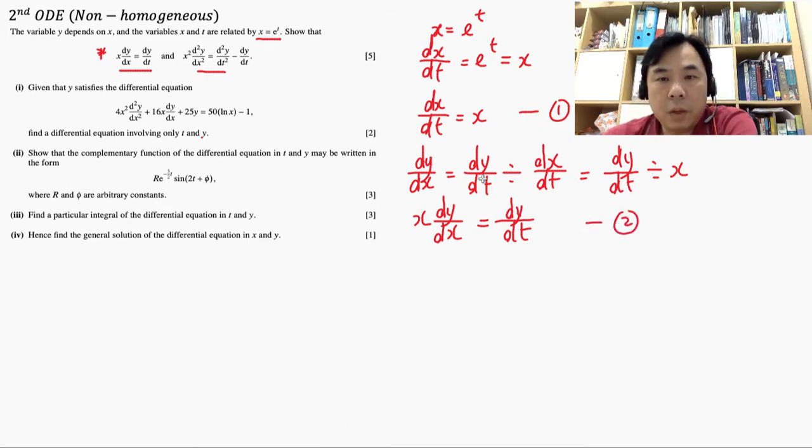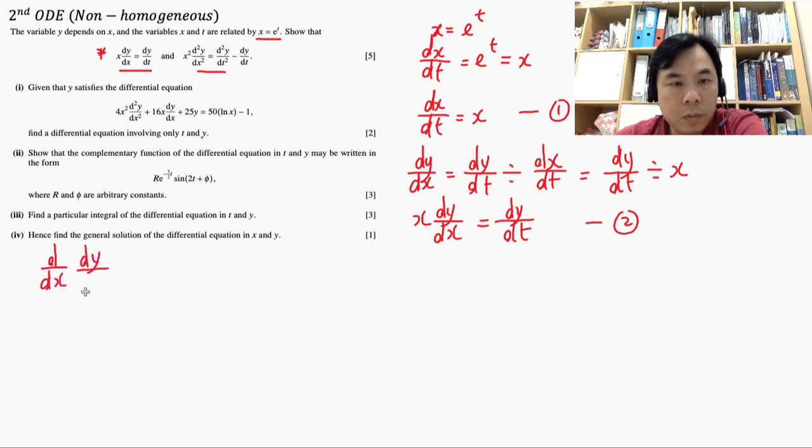Okay, now next I'm going to further differentiate this. Okay, to do that I'm going to write it down here, it's easier. So I'm going to further differentiate this with respect to x. Now I'm going to do that for both sides.